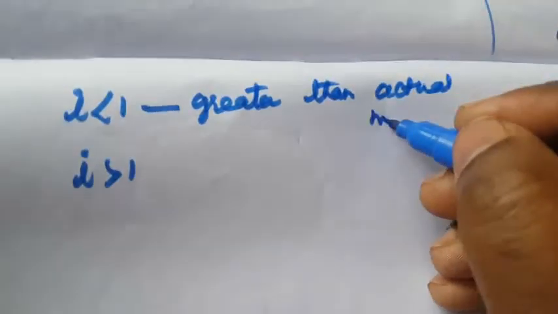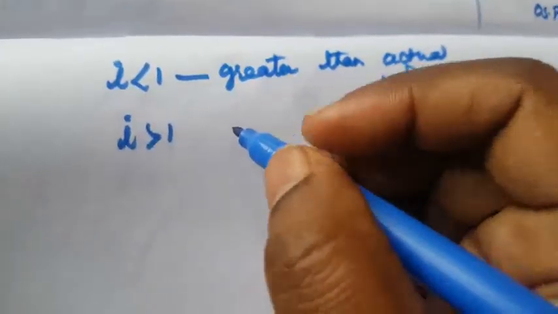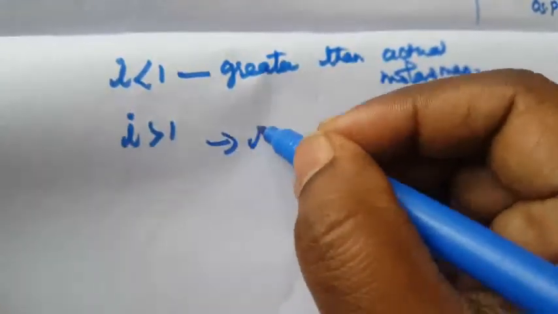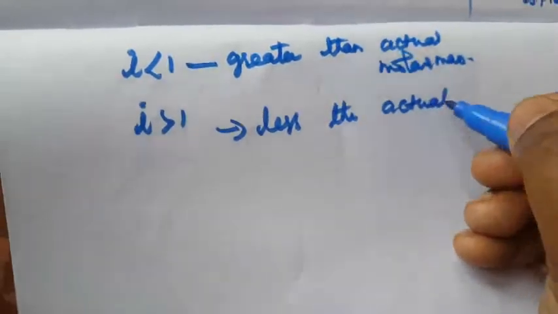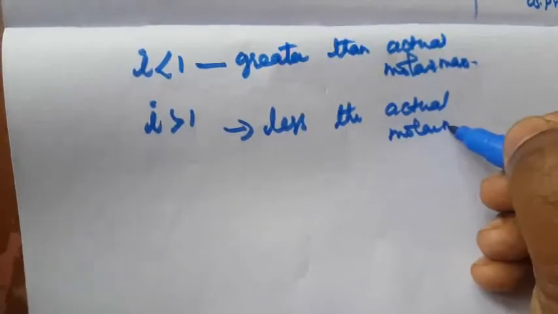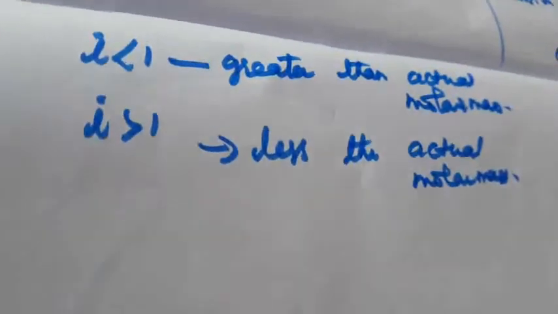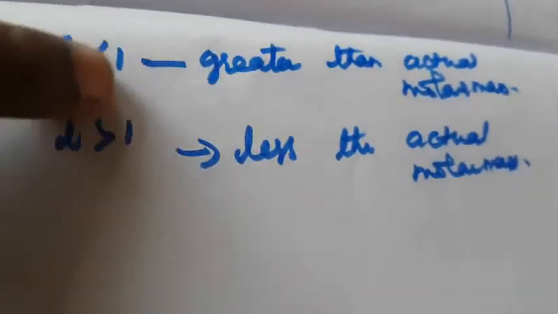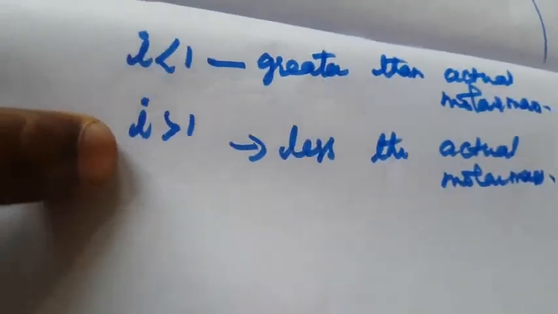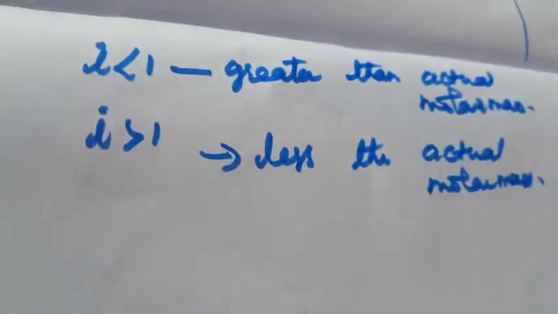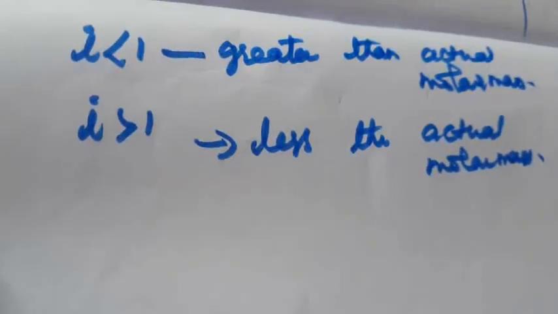If i is greater than 1, the observed molar mass will be less than the normal molar mass. This is the condition; sometimes they ask it for 1 mark. I less than 1 means the calculated molar mass is greater than the actual molar mass; i greater than 1 means the calculated molar mass is less than the actual molar mass. This is what is meant by i, the Van't Hoff factor.